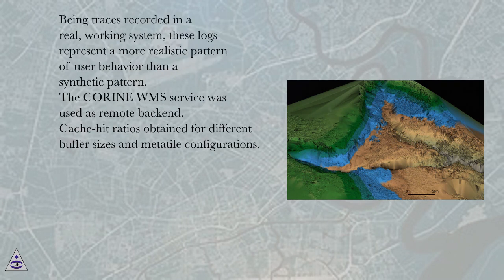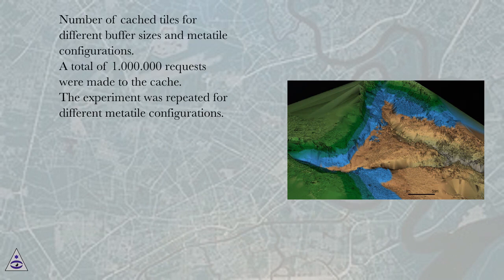Being traces recorded in a real, working system, these logs represent a more realistic pattern of user behavior than a synthetic pattern. The CORINE WMS service was used as remote backend. Cache hit ratios obtained for different buffer sizes and metatile configurations. Number of cached tiles for different buffer sizes and metatile configurations.